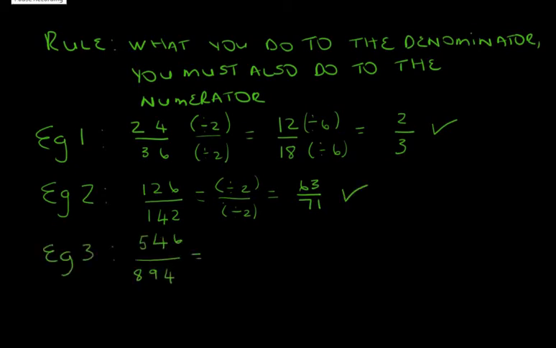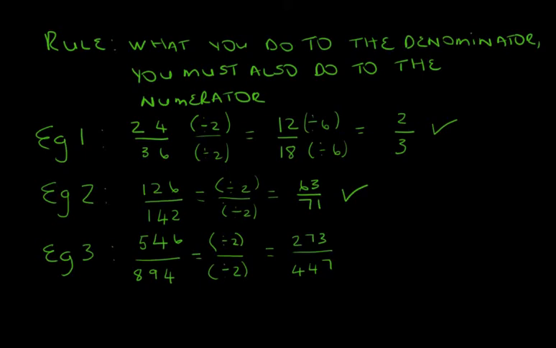Wow, look at this one. 546 over 894. What can we divide? Can you see anything immediately that goes into 546 and 894? Yes, you see that it's an even number, so you should be able to divide by 2. Let's do that. This will give us 273 over 447.